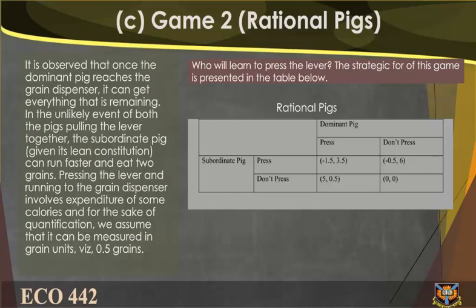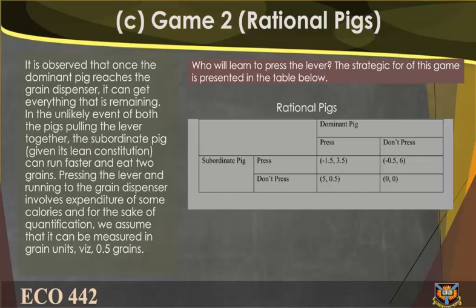Pressing the lever and running to the grain dispenser involves expenditure of some calories, and for the sake of quantification, we assume that it can be measured in grain units, viz. 0.5 grains. Who will learn to press the lever? The strategy for this game is presented in the table below.